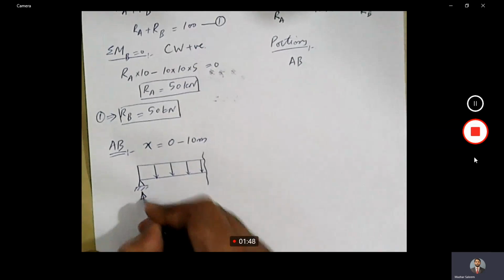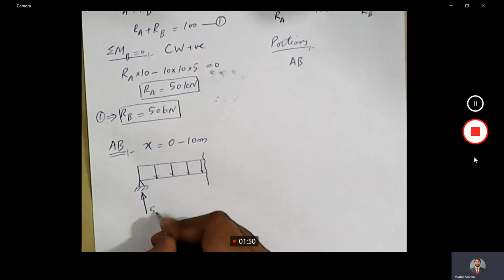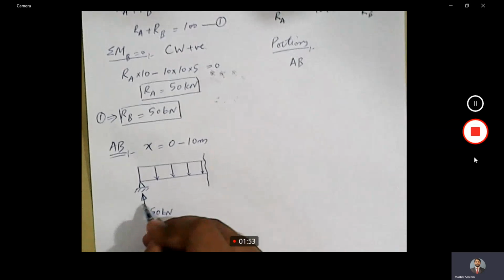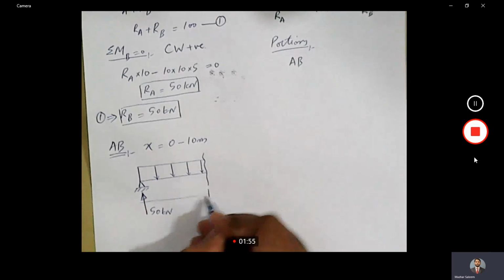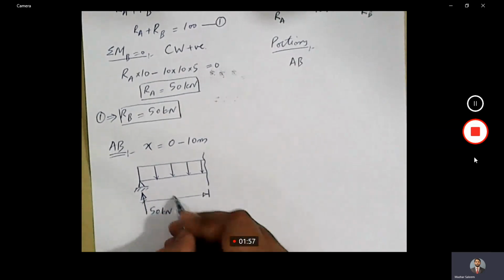We have one reaction here. Magnitude of the reaction is 50 kilonewton. This location is X.